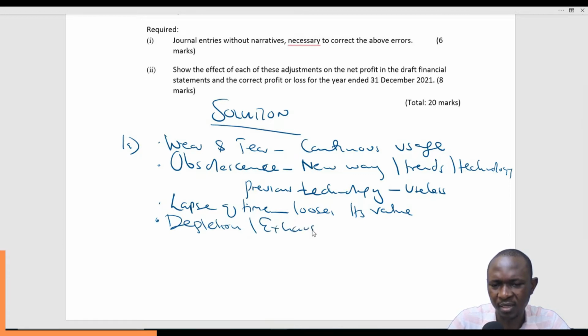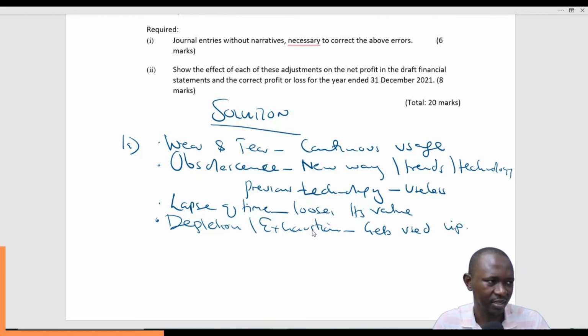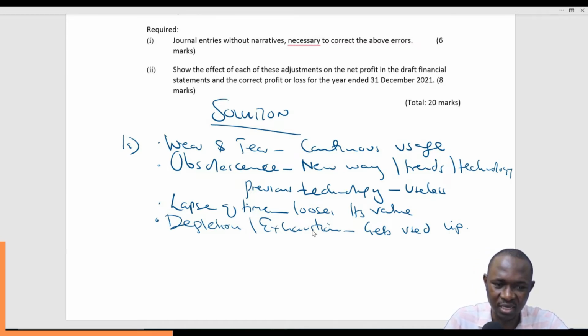This is where the asset in question just gets used up, especially when we talk about things like land, and we are maybe getting some minerals from it, and then in the end we exhaust those minerals. Then we say there is depletion or exhaustion, and so the value of that land automatically drops.